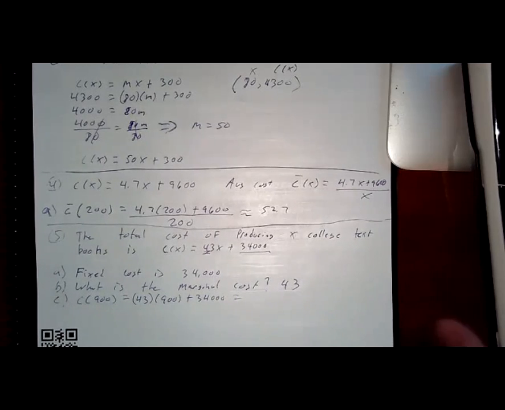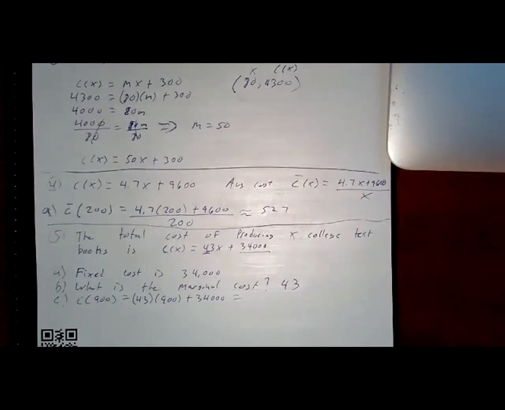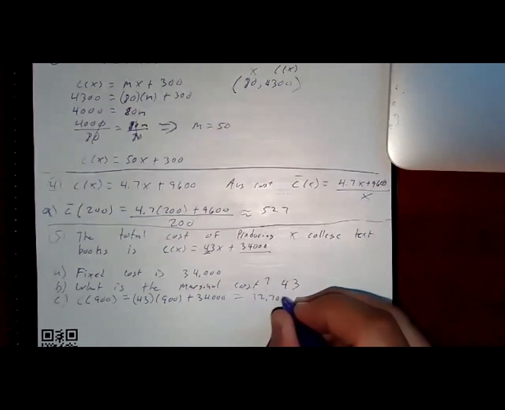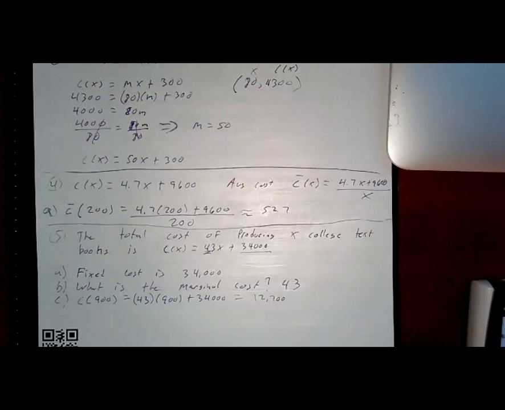Let's find out what it is. 43 times 900 plus 34,000. That's 72,700. So that is part C.